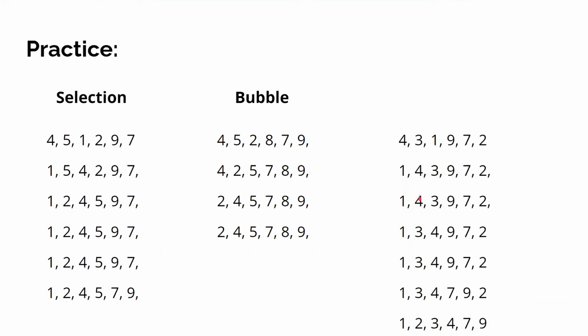Notice how this line changes. It goes from 4 to 3 to 2. But it's still being sorted in its respective place. So 1 to 4 is sorted. 1 through 4 is technically sorted. 1 3 4 9 is sorted. 1 3 4 7 9 is sorted. But because it's switching indexes and things are being shifted around, we know that this has to be insertion sort.